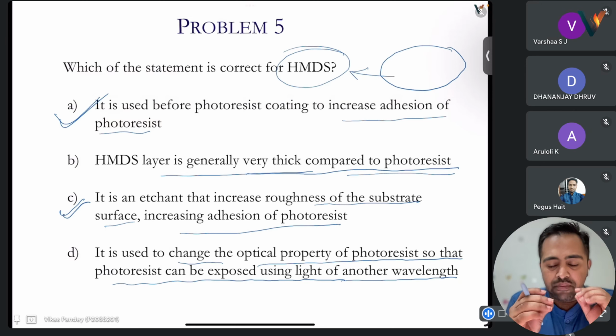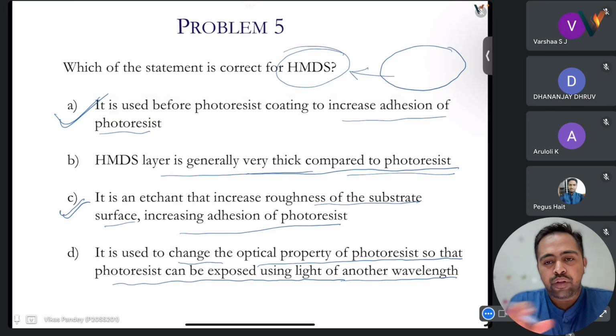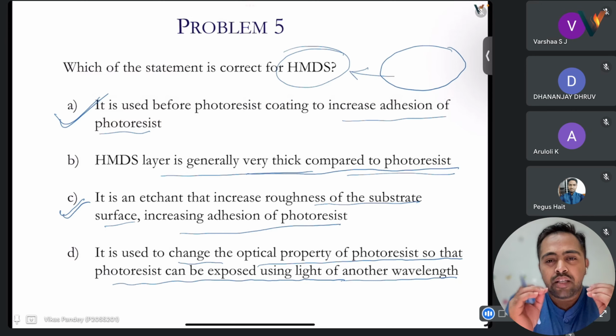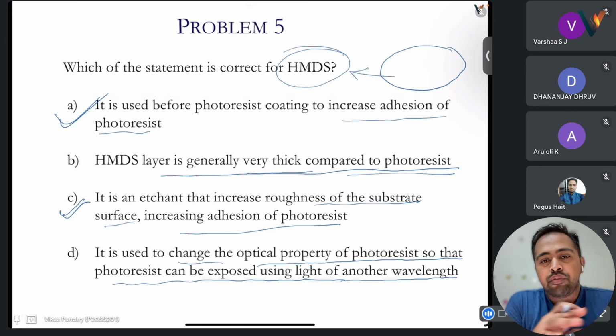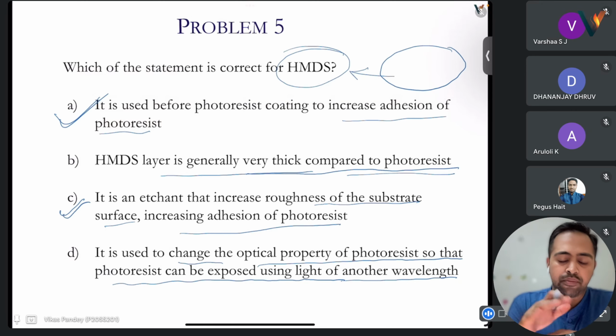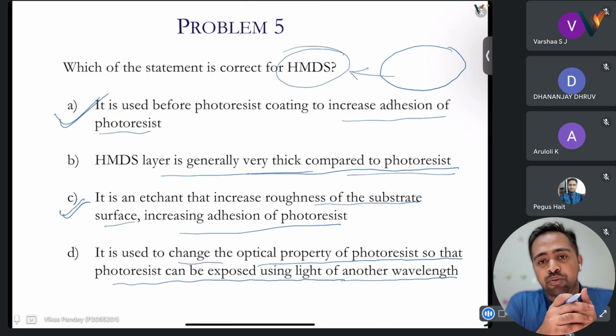HMDS is also a very thin textured substance that is used to fill that up, and it acts as an adhesive to the photoresist. It is very thin, so it will not disturb our whole setup. If we pour it over and then put the photoresist, it will properly stick. But this is not generally used.